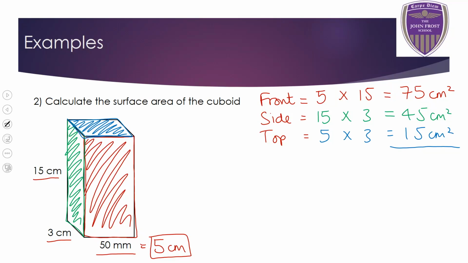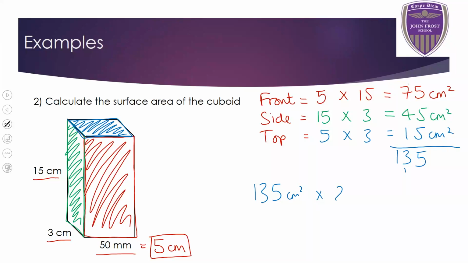Okay, so we got 5, 10, 15 here, look, carry the 1, and 7 plus 4 plus 1 plus another 1 should give us 13. Okay, 7 plus 4 is 11, plus another 1 is 12, plus another 1 is 13. Okay, so the 3 sides that we can see add up to 135 centimeters squared.